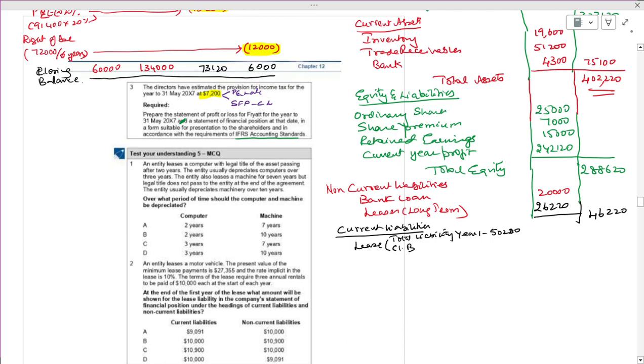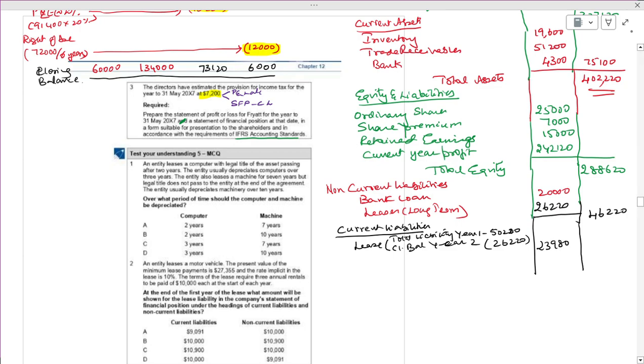Closing balance year 2, how much? 26,220. How much will you get? 23,980.